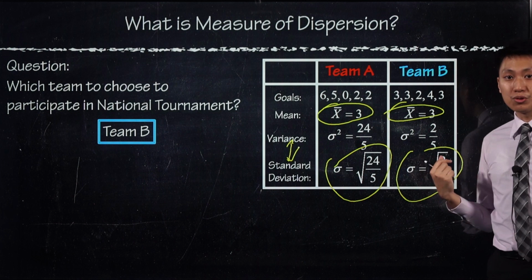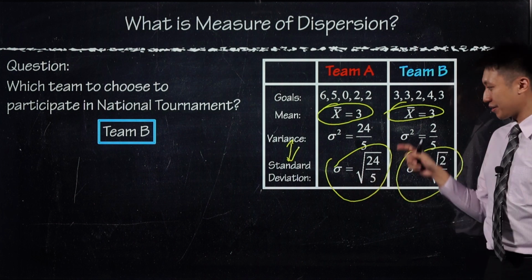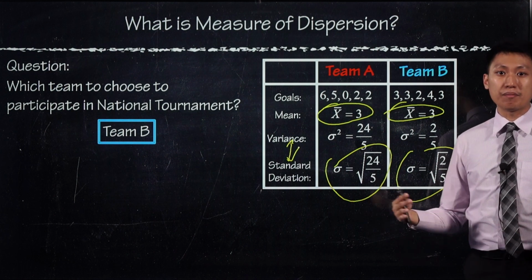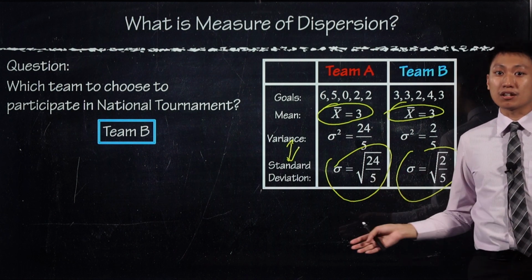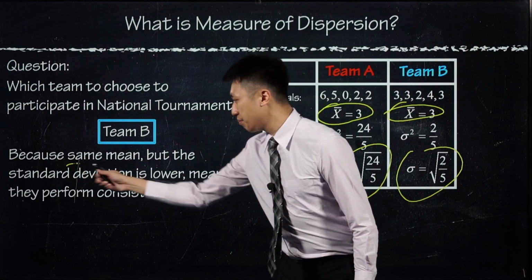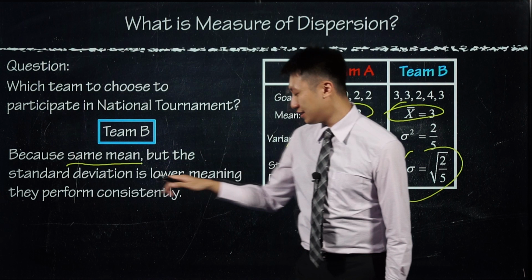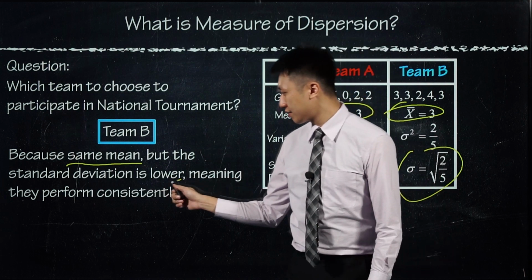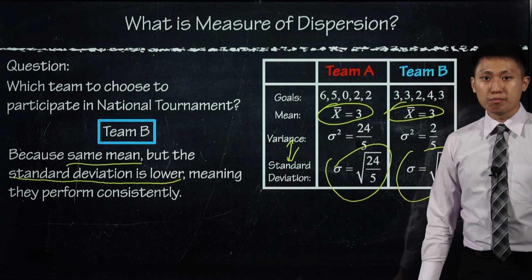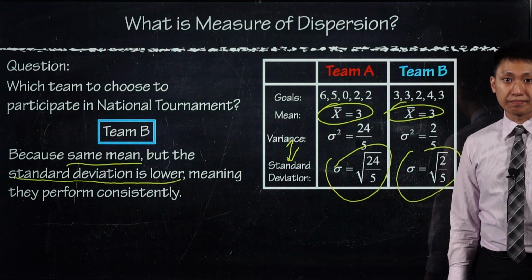That's not good, right? Depends on how you look at it, but in this situation, it's not good. If you fluctuate a lot, your performance fluctuates, so it's not consistent. That's why. Because it's the same mean, but the standard deviation is lower, meaning they perform more consistently.